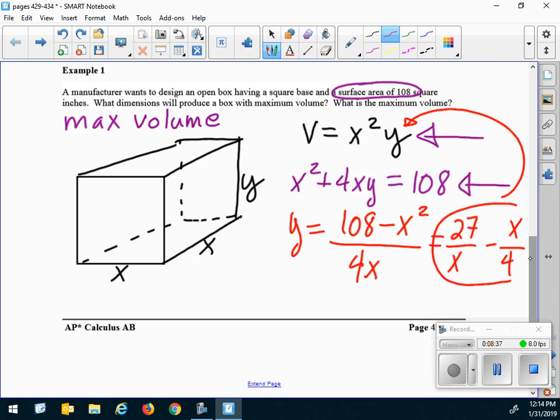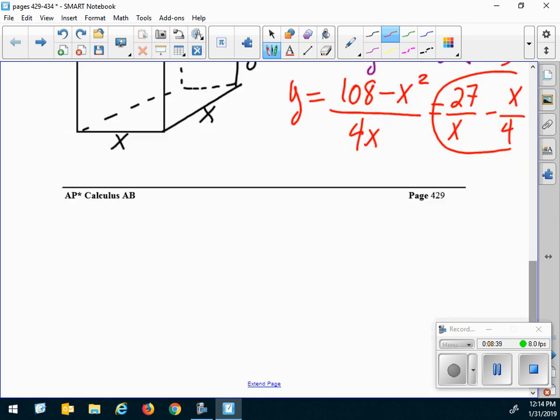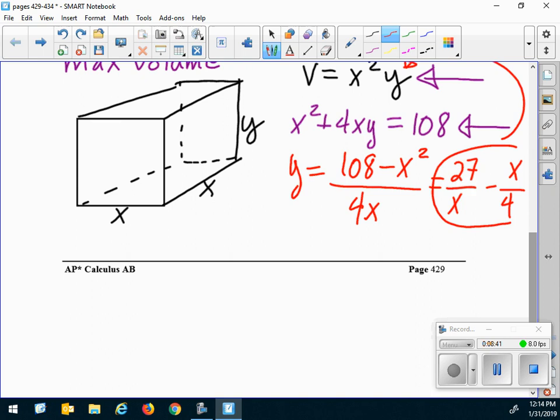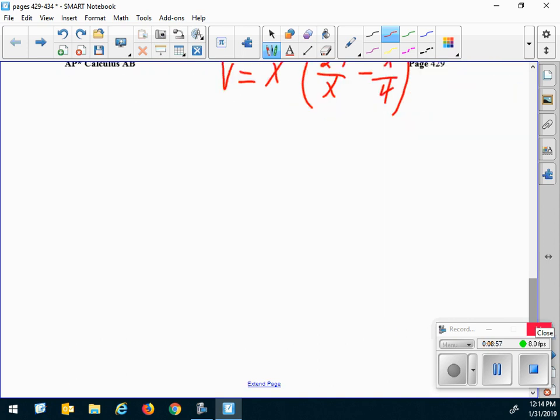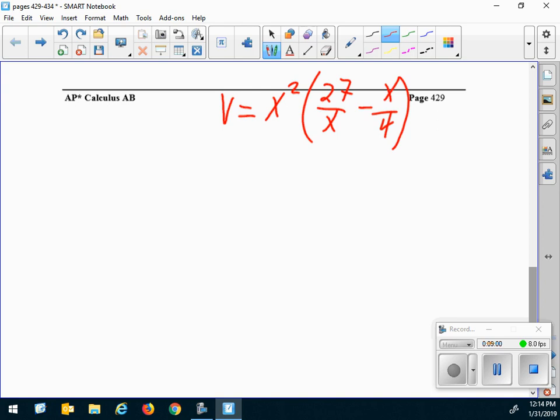So the equation I'm going to have, and I wrote so big that I'm going to have to scroll a bunch, V equals x squared times (27 over x minus x over 4). We're going to have to maximize.